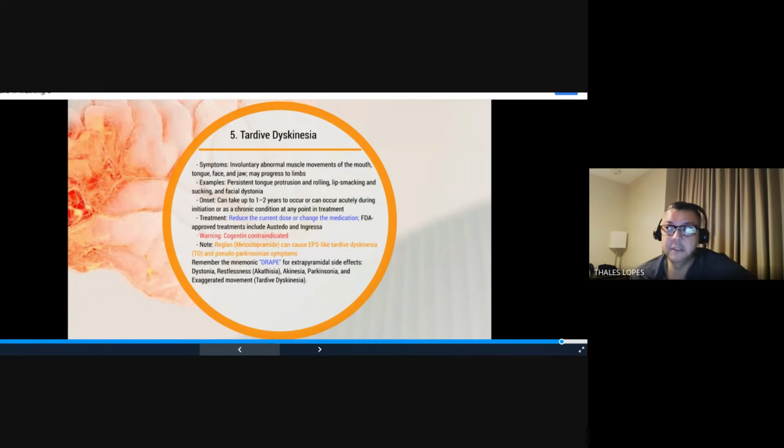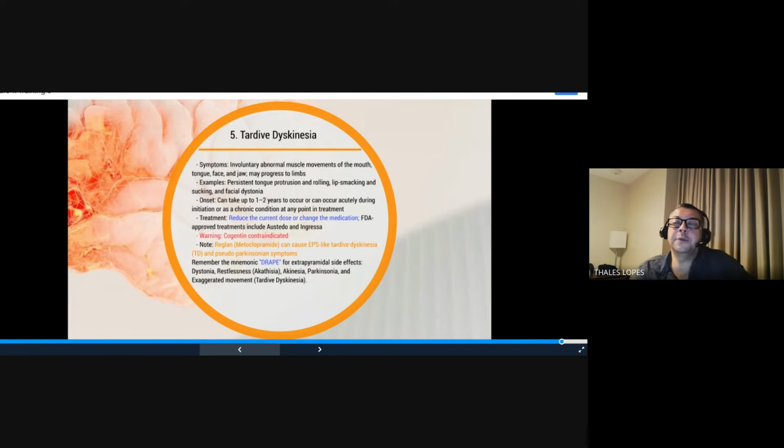Now, what they might ask you is which of the following medications has the least potential for EPS, right? Right away, the first answer would be second generation. Now, if they give you other second generations to choose from, Abilify would be a great option.